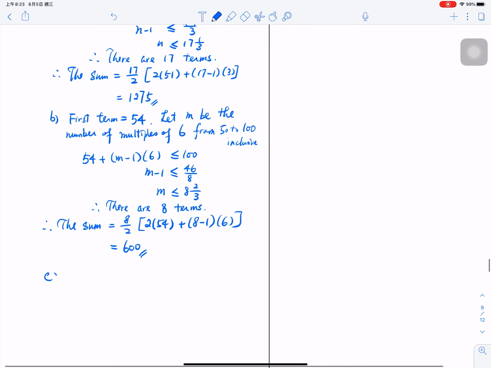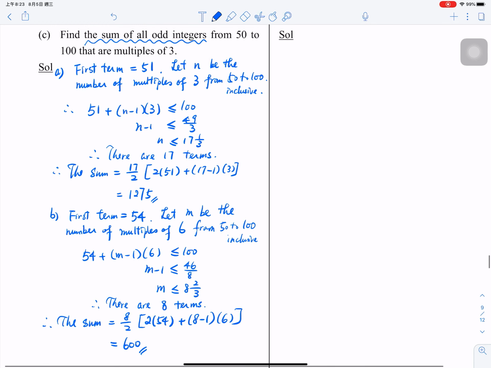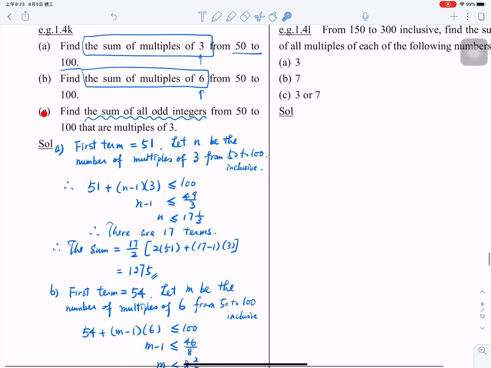Then part C. The sum of all odd integers from 50 to 100 that are multiples of 3. Why do we pick up all the odd integers, and what is the relation between C and A, B?